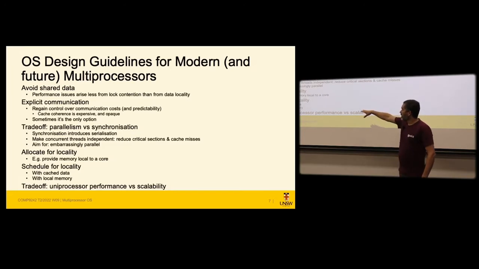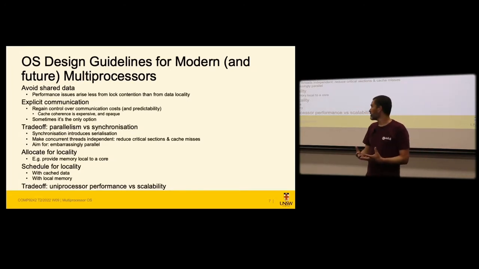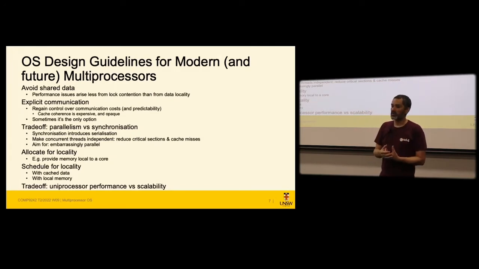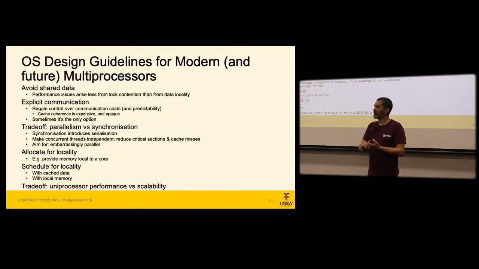One of the difficulties is that there is a trade-off between uniprocessor and multiprocessor performance and scalability. All of the things we do in order to make scalable software, like having locks, doing synchronization, extra work for allocating for locality, extra work for scheduling for locality, is all extra code, right?